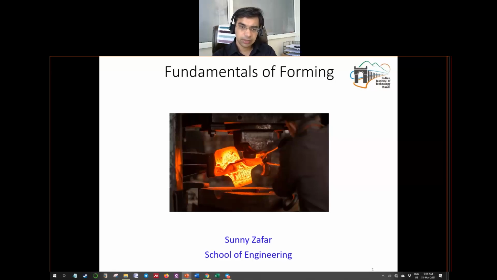In this regard, we heat the workpiece but do not melt it. Heating may or may not be done depending on the case. But the forming processes largely rely on changing shape by applying external force. What is important here is that we are not melting. So that is what forming is.